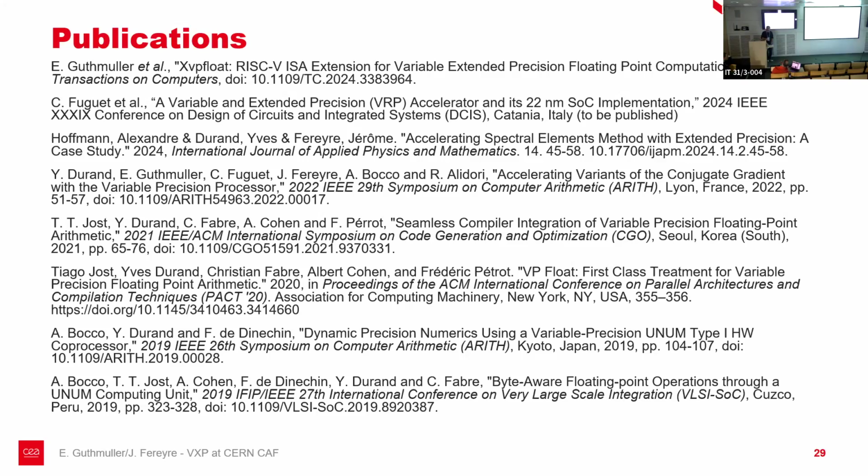We are using PoCL, an open source OpenCL provider. It's a platform which has a lot of targets already, and we are also adding a new target. But obviously, the OpenCL C language does not support extended precision. So for now, we are using our assemblies, so we don't have a new C type.